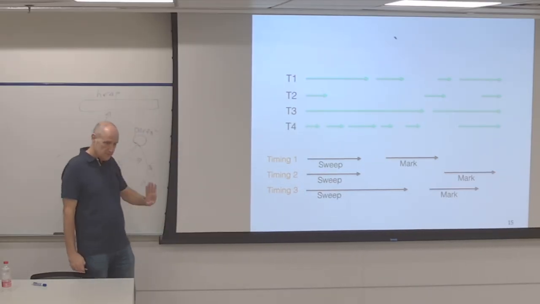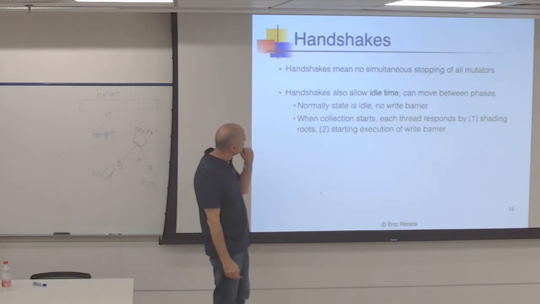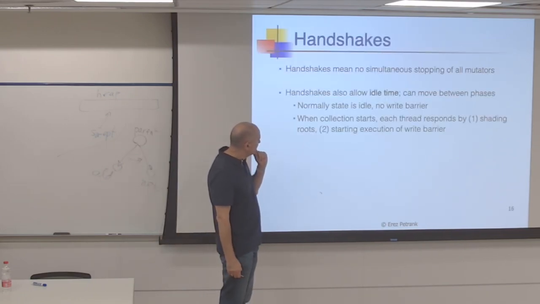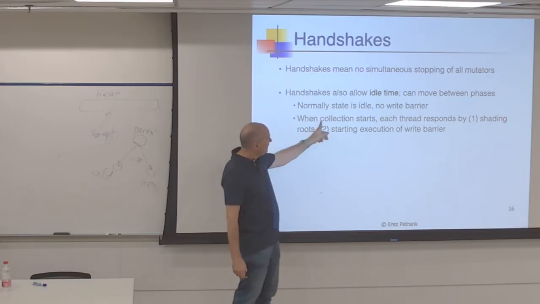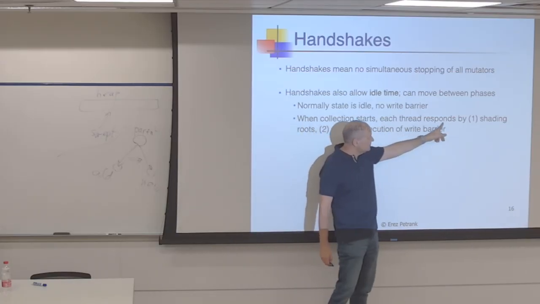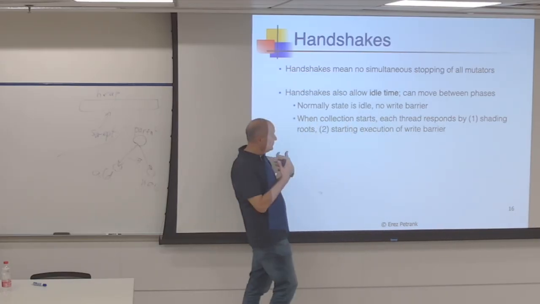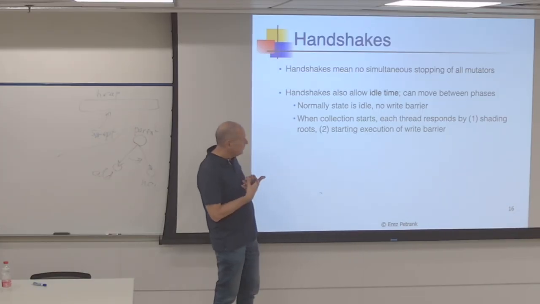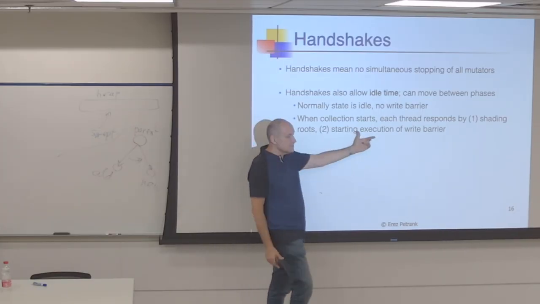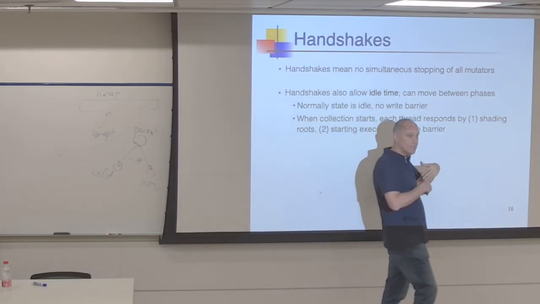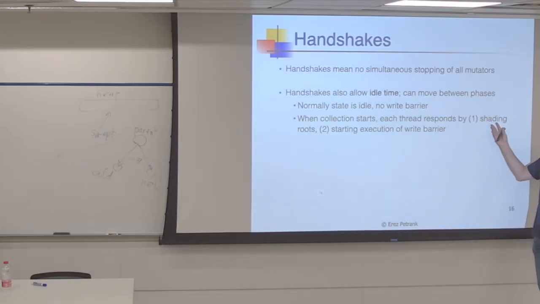Okay, any more questions? Cool, so we have this handshake, and when the collection starts, each thread responds. It first responds, and now it also starts execution of the write barrier, and it also shades its own roots.